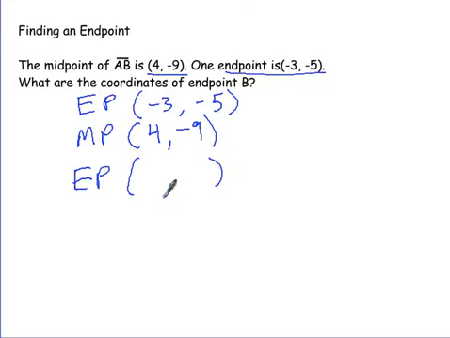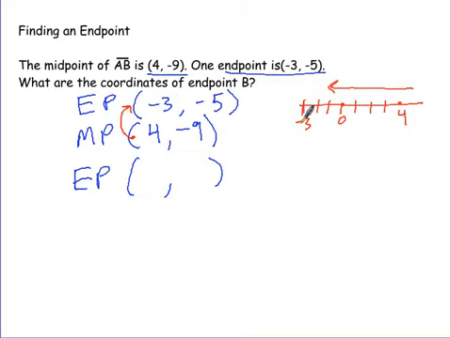So here's what I'm going to do. Since this is in the middle, from 4 going to -3, am I going up or down? From 4 on a number line, 4 to -3, somewhere in here is 0, I'm going down. And how far do I go down? 1, 2, 3, 4, 5, 6, 7.